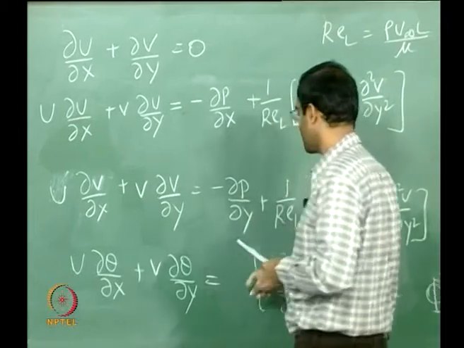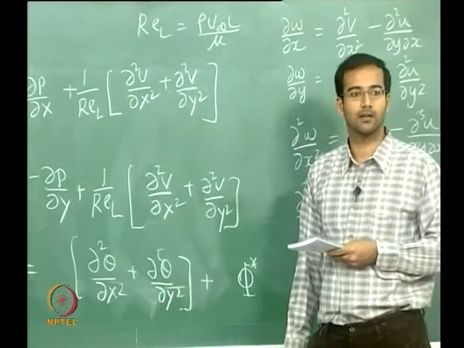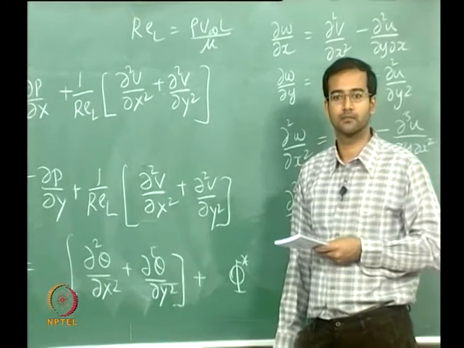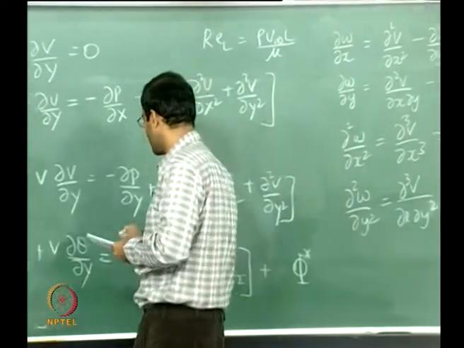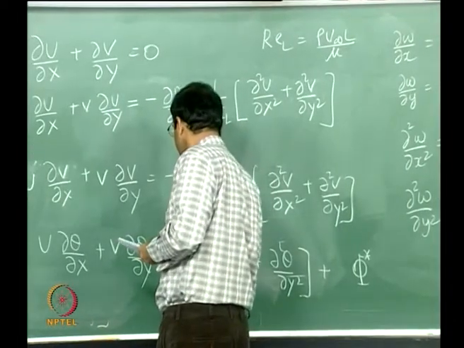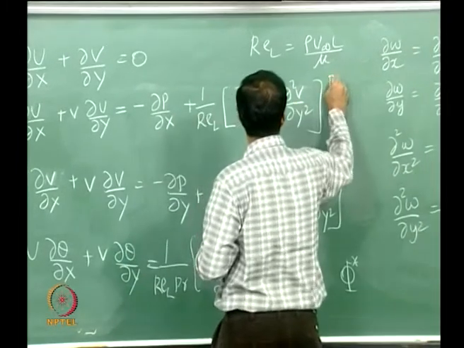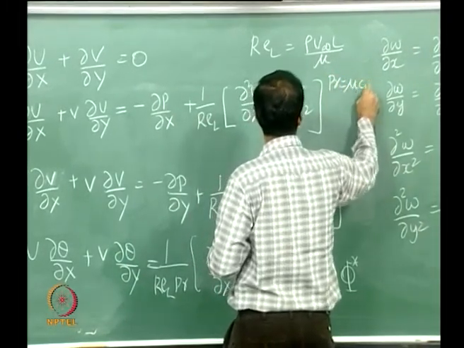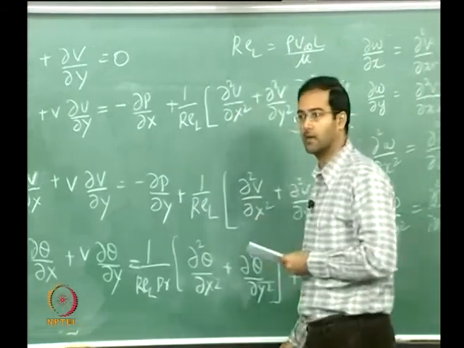Now what should be the term here? Just half a minute, we are done. I am just going to give it, you please check it: 1 by Re Prandtl number, where your Prandtl number is equal to mu Cp by k, which is also nu by alpha.